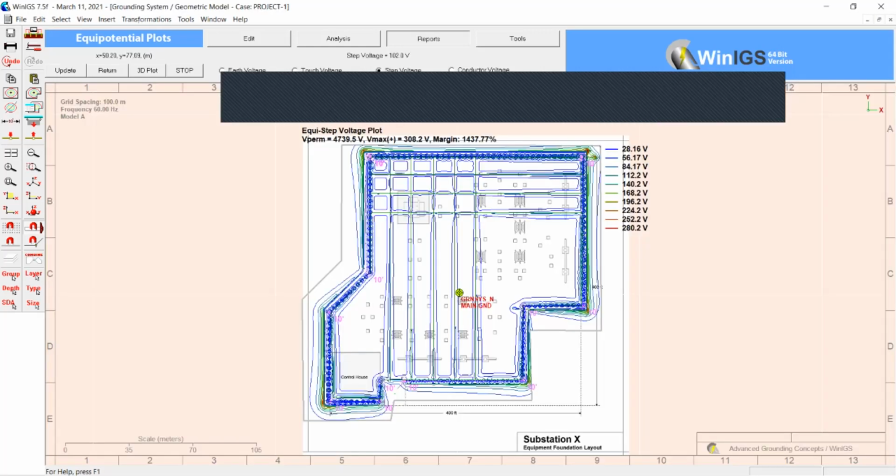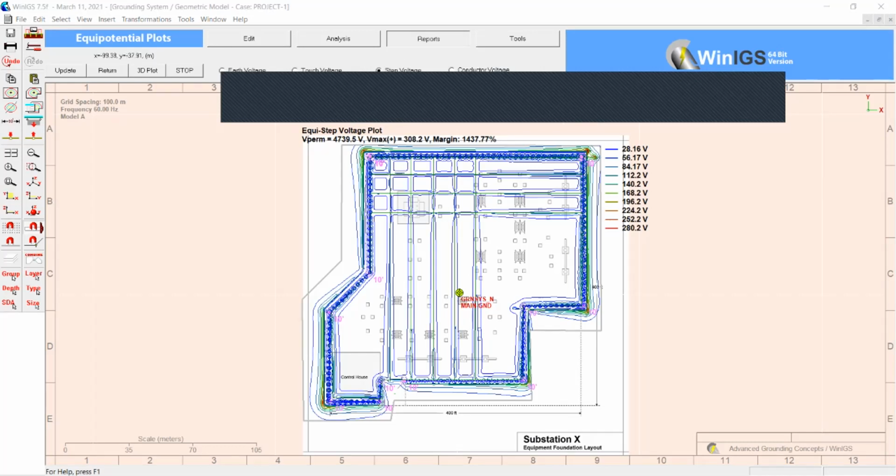All right, so any question related to the step voltage? Yeah, you can search for it.